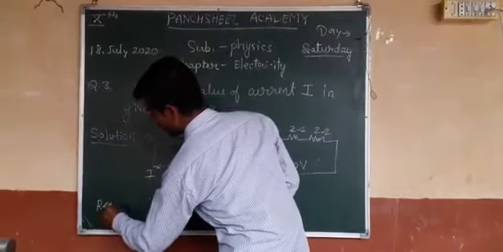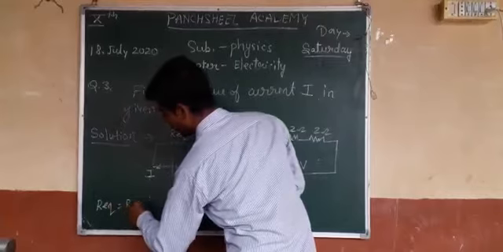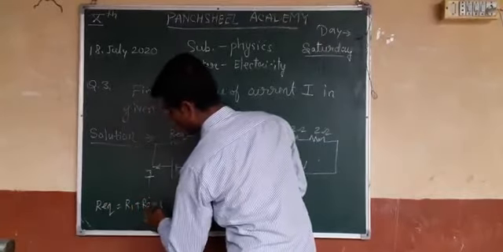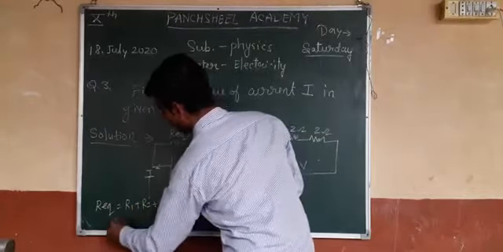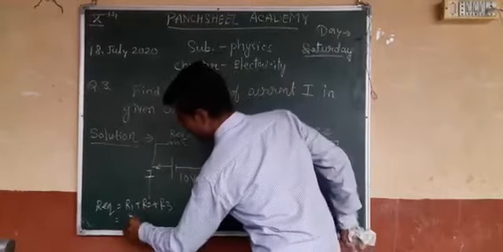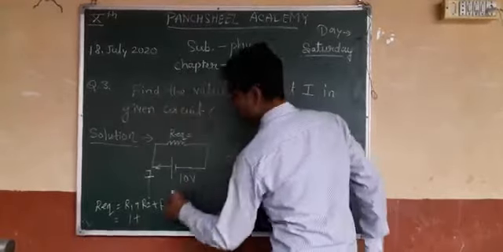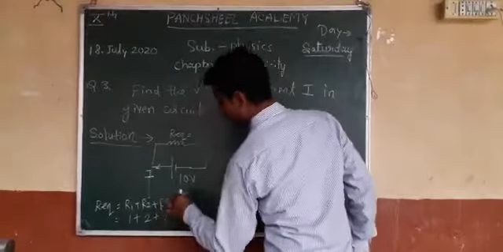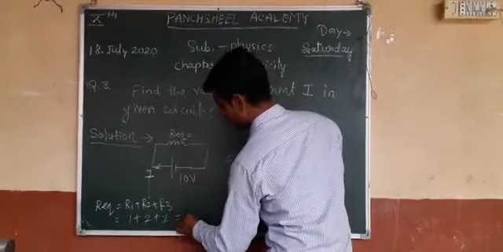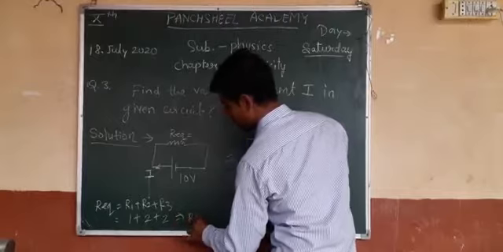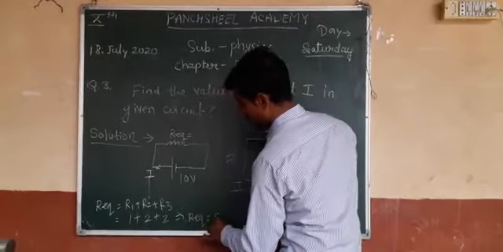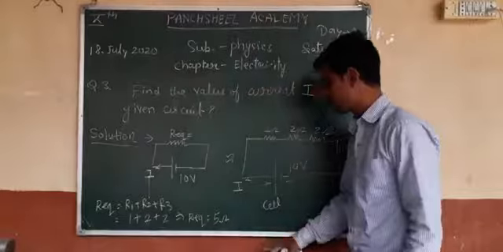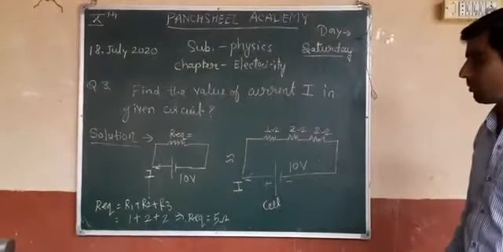R equivalent equal to R1 plus R2 plus R3. Okay, what is the value of R1? This is 1 ohm. What is R2? This is 2 ohm. And what is R3? This is also 2. So R equivalent equal to 5 ohm.